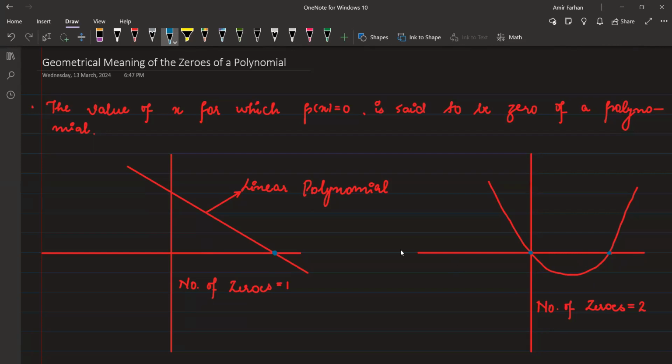Now tell me, Ifra and Gianna, I have covered this thing in the first class. If a polynomial is given to you, how do we find out how many zeros there will be for that specific polynomial?